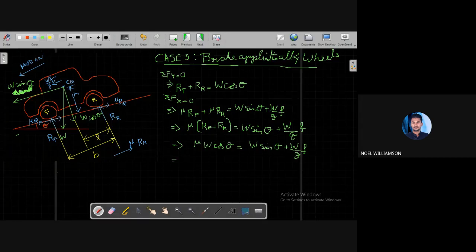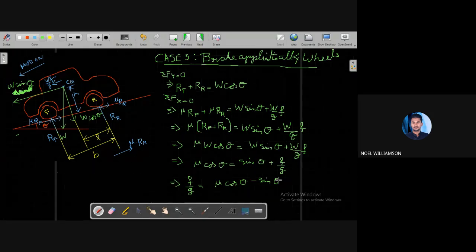So you can simplify as mu cos theta equal to sin theta plus f by g. Now from here you get the value for f by g as f by g equal to mu cos theta minus sin theta.